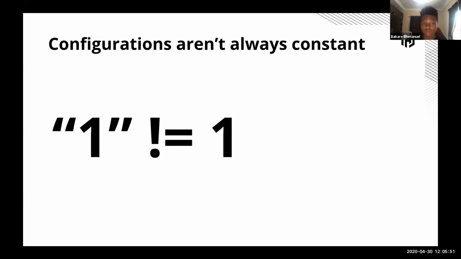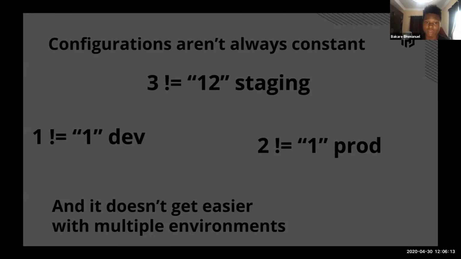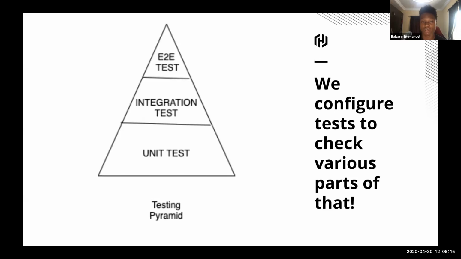Even if you find a way to hack it with some light testing, it doesn't always work because you've got multiple environments. These environments have different services and different configurations. Somebody might be deploying dev to prod, somebody might be deploying staging on dev, and you don't even know whether it's working or not. That's why testing is really important, right?